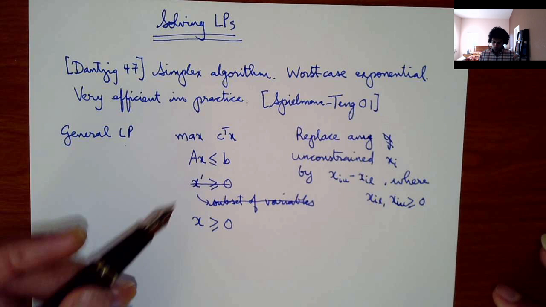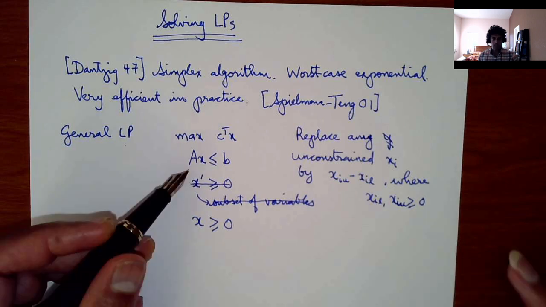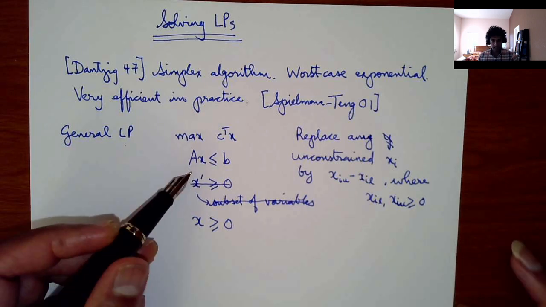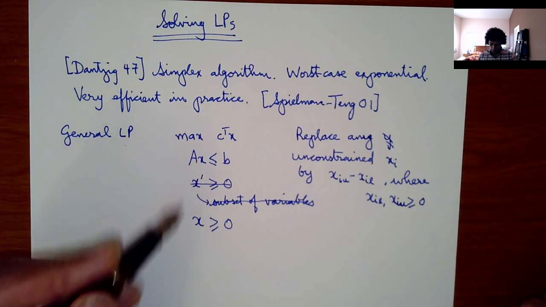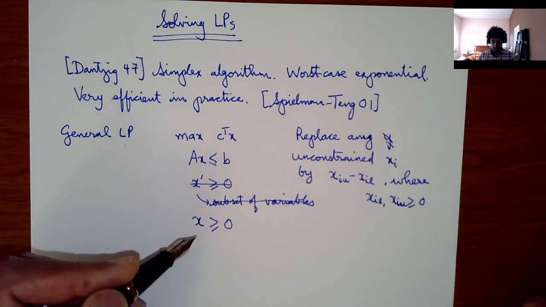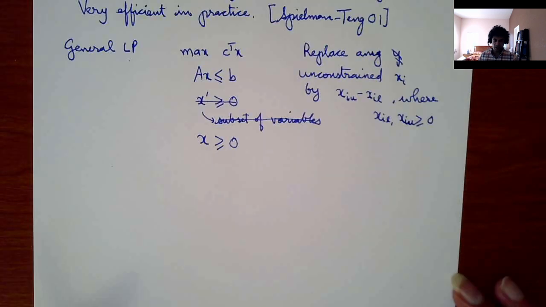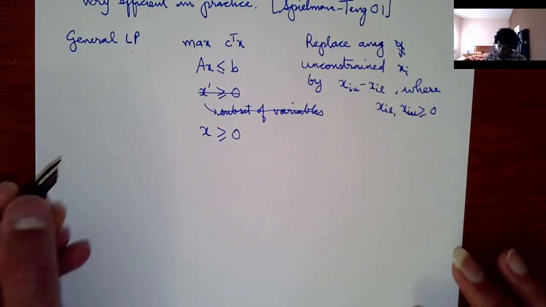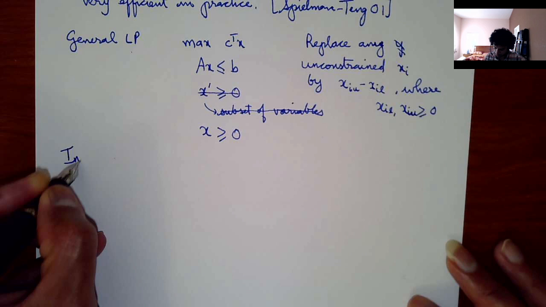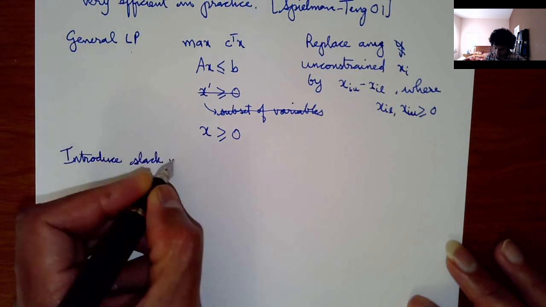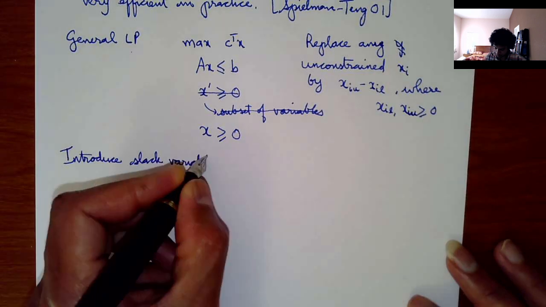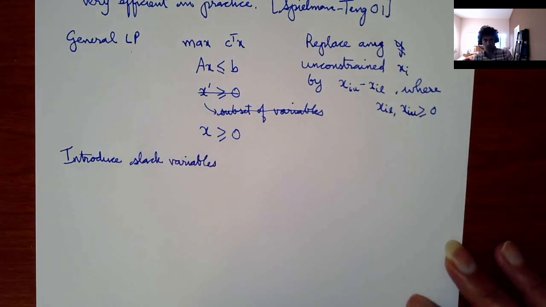So secondly, what I would like to do is convert all of the inequalities into equalities, so that the only inequalities that remain are the non-negativity constraints. The way that is done is by introducing slack variables. So how does a slack variable work?